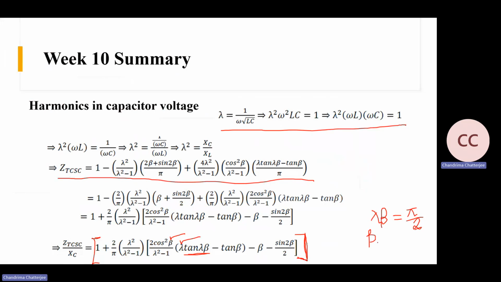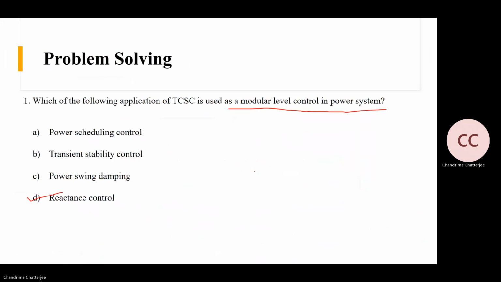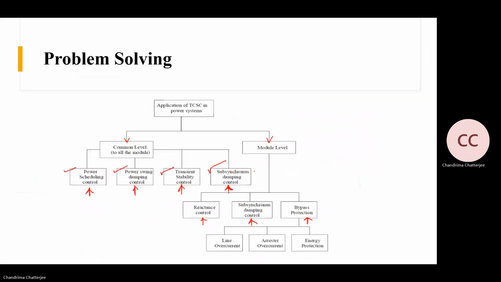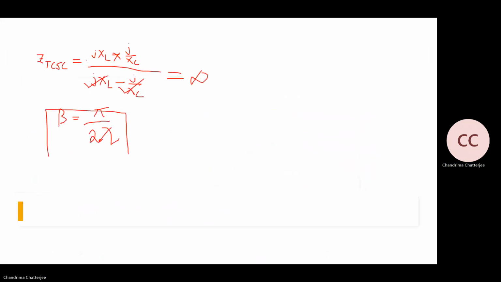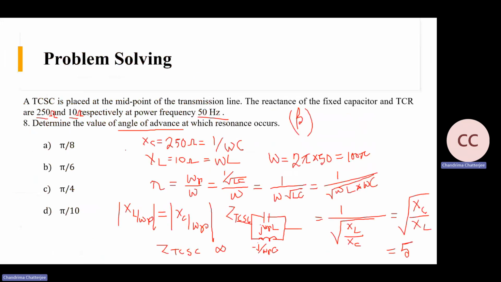So beta is pi by 2 lambda. So the correct option is pi by 10 because lambda is equal to 5.